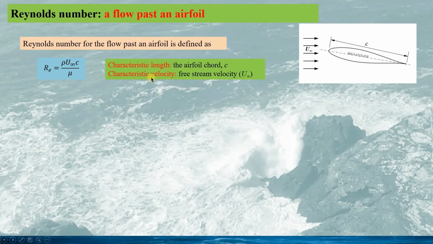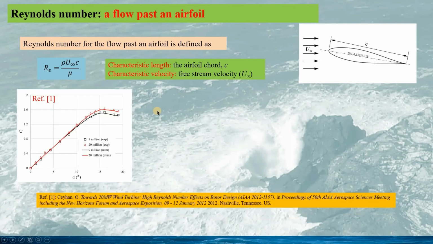So here we can see the characteristic velocity is a well-defined parameter. But for the characteristic length, the reason the airfoil chord c is chosen is because c is the most important parameter.